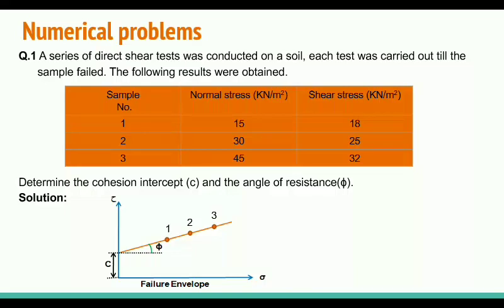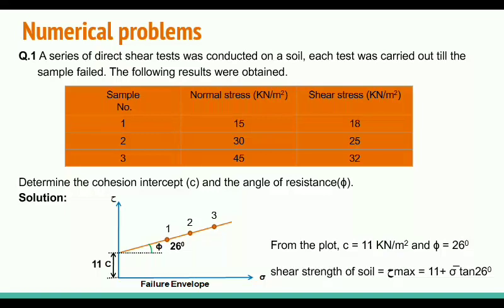The intercept on the tau axis will give us the cohesion intercept, and the angle with the horizontal will give us the angle of internal friction, or angle of resistance, phi. After plotting on the graph paper, you get C is 11 and phi is 26 degrees. So from the plot we have C is 11 kilonewton per meter square and phi is 26 degrees.